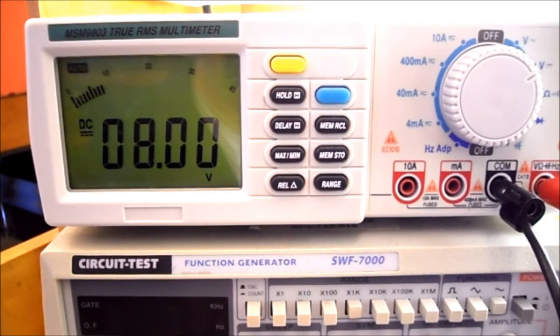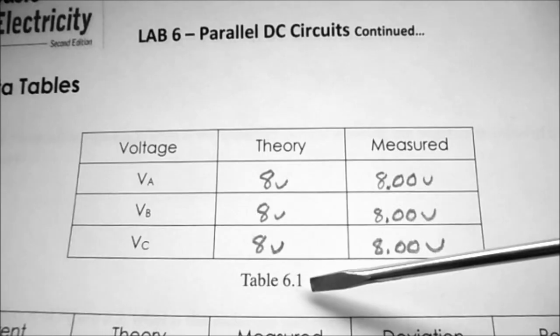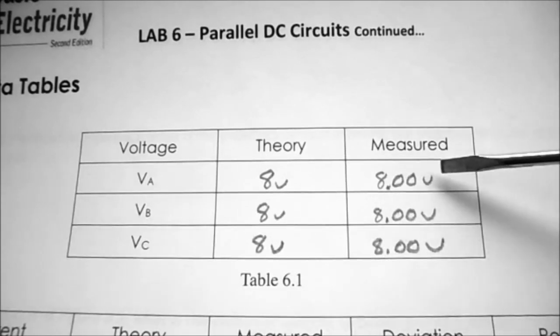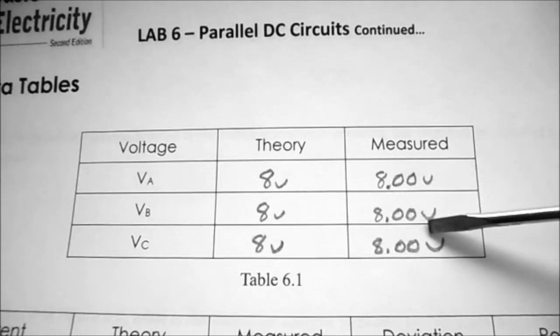My voltage at point B on the 1K ohm resistor is 8 volts. The voltage at point C on the top of the 2.2K ohm resistor is 8 volts. So you can see in table 6.1, I've recorded my measured voltages as 8.00 volts.